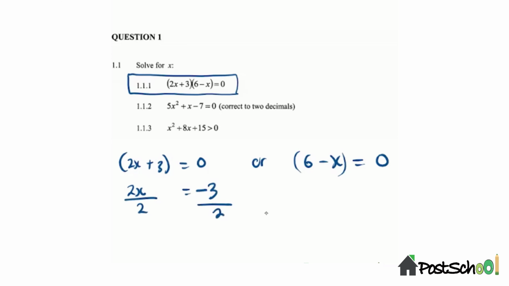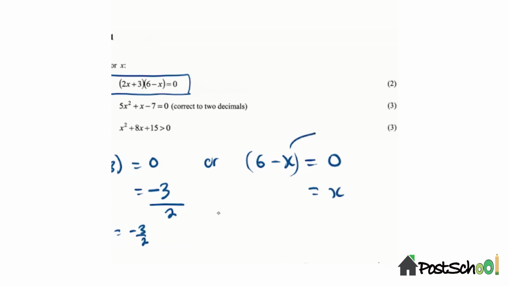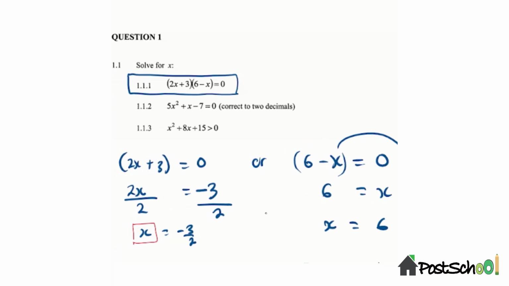Divide by 2 on both sides and you have x equals negative 3 over 2. For the other bracket, you can take x to the other side and leave 6. So 6 equals x is the same as x equals 6. That's how you solve the first question.